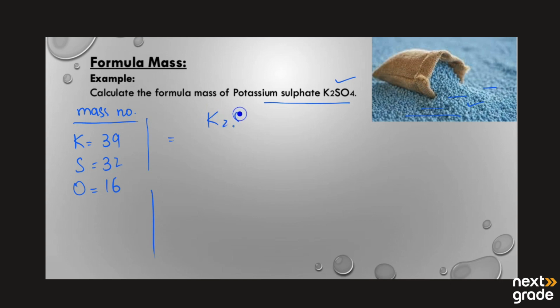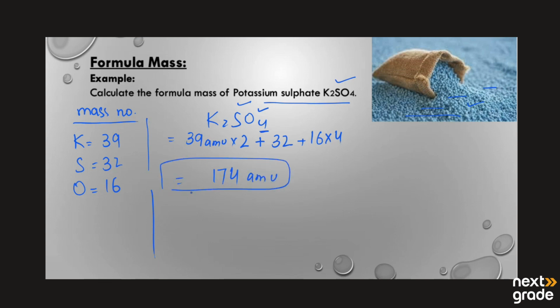For K2SO4, potassium is 39 AMU multiplied by 2, plus for sulfur 32, as it is only one atom, and for oxygen 16 multiplied by 4 because there are 4 atoms of oxygen. By solving that, we get the result 174 AMU. So this is the formula mass of potassium sulfate.